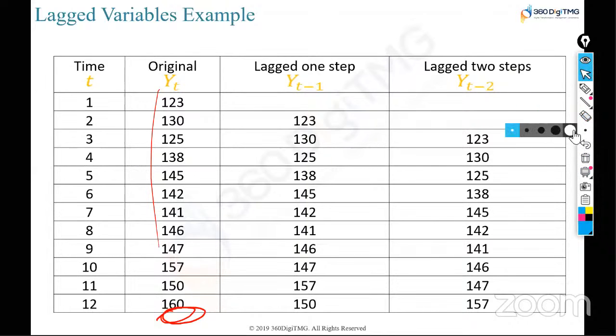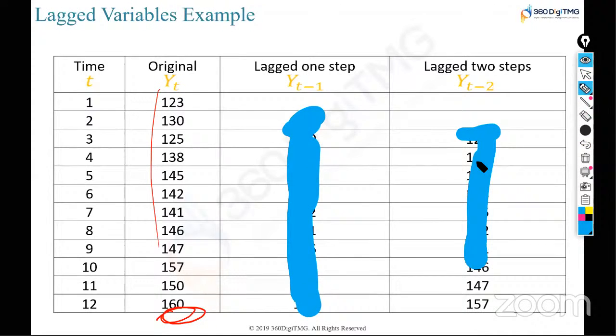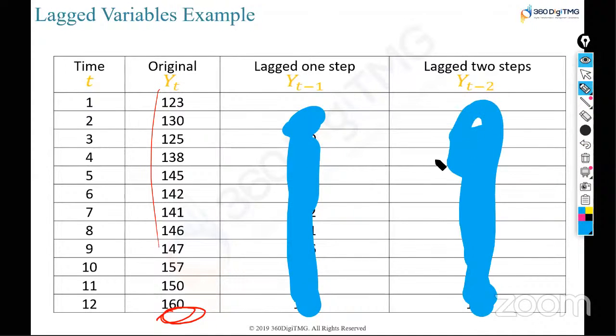I am a very smart guy. You tell me what was the last sale you had. You will say the last sale was 160. Okay, next month also you'll have 160. That is my forecast.